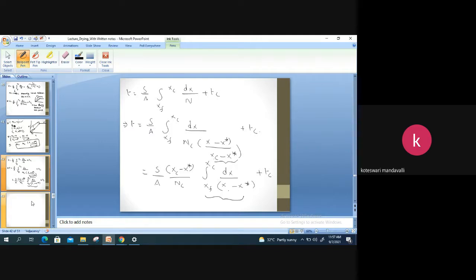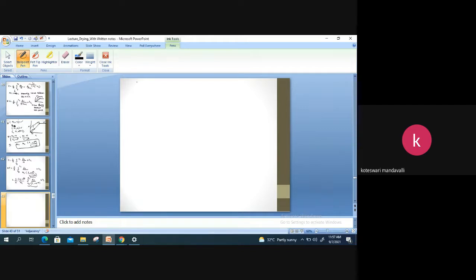So now you can simplify this equation and write it down. You can say that T is equal to T in the falling rate period plus T in the constant rate period. The falling rate period, if you calculate that, will be S into A into Nc, (Xc minus X star) into ln of (Xc minus X star) divided by (X2 minus X star, or X final).